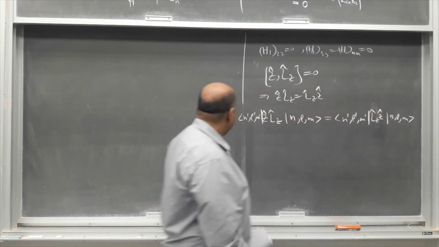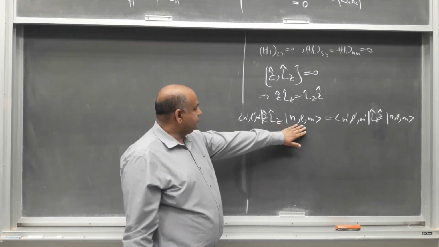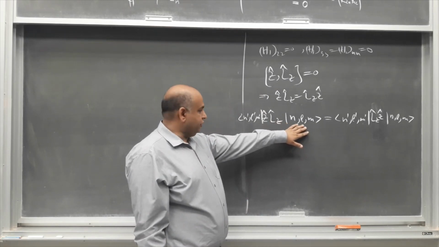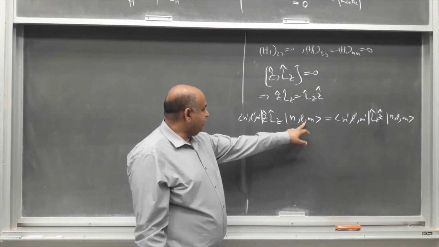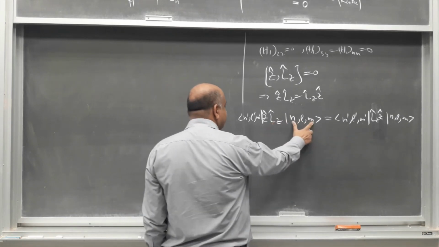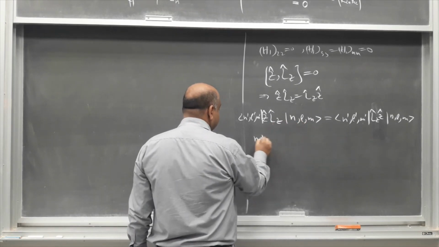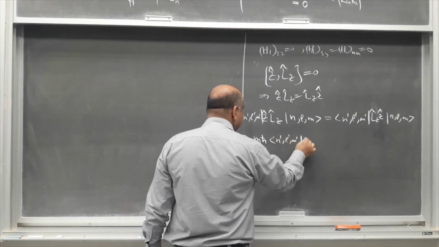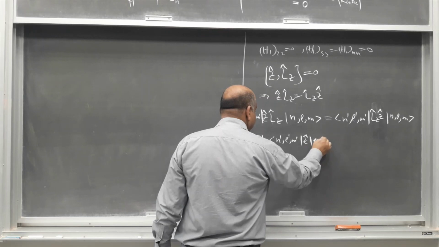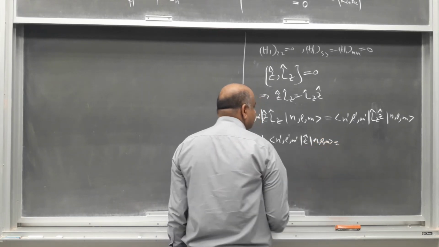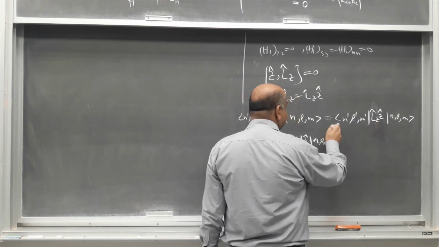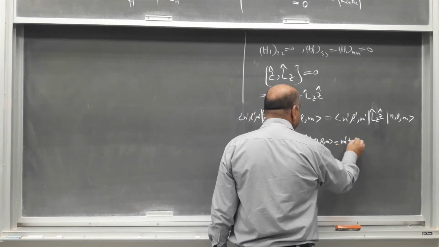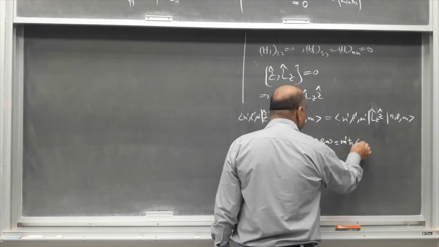Now we know what Lz does to its eigenstate. It simply gives us m h bar. So this Lz, when it operates here, gives us m h bar, and we are left with this. Similarly, this Lz, when operating on this one, will give us m' h bar.